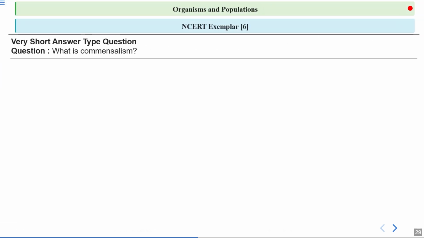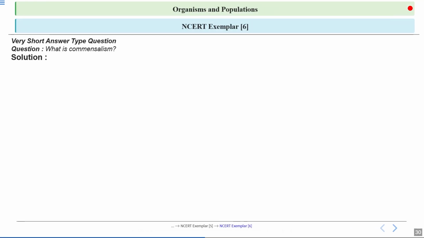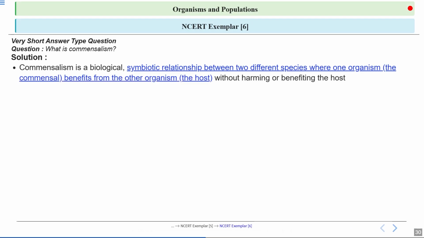Next question, what is commensalism? Let's have a look at the answer. Commensalism is a special kind of relationship between two different species. In this relationship, one organism is benefited and the other organism is unaffected.